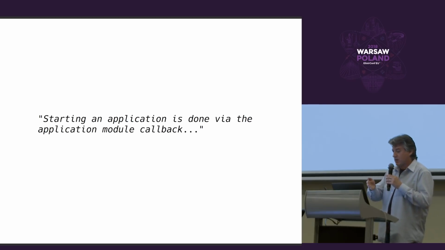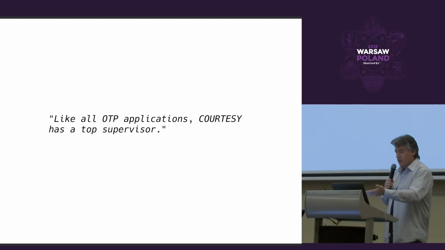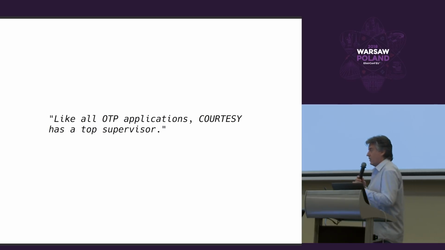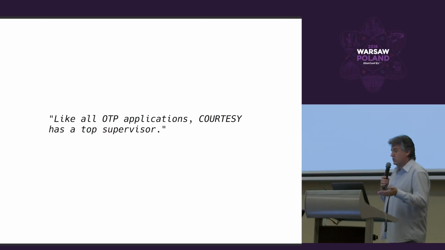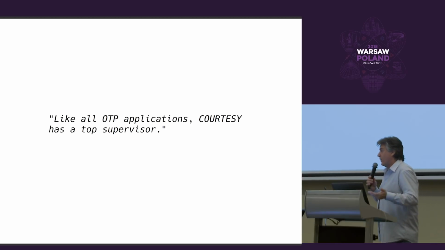So the answer is that starting an application means what we have seen it means. If it has a callback module, we do this. But if it doesn't, you still have defined what it means to start an application. This is from the documentation of a well-known Erlang library: "Like all OTP applications, the name of the library has a top supervisor."